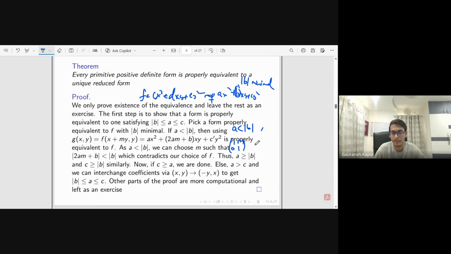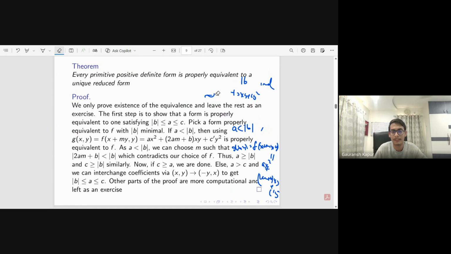This matrix has determinant 1. The transformation which we get by applying this matrix is g(x, y), which is f(x + my, y). If you check, this comes out to be ax² + (2am + b)xy + c'y². So we take f to be ax² + bxy + cy², and after applying this transformation, we get f equivalent to g, where g is of this form.